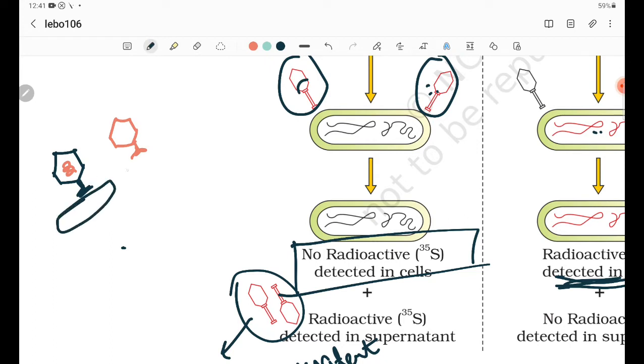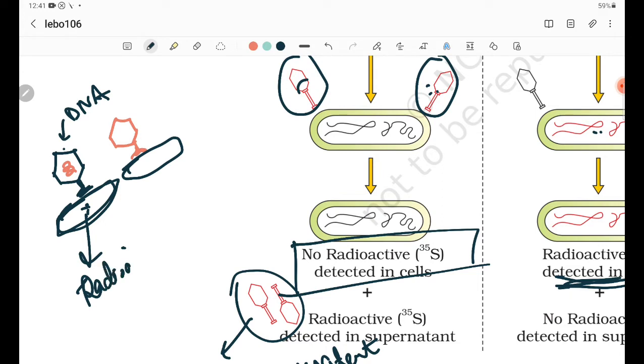This was allowed to attack one cell, and this was allowed to attack another cell. Now the one which has DNA, this bacteria turned radioactive. And in this bacteria, nothing happened.